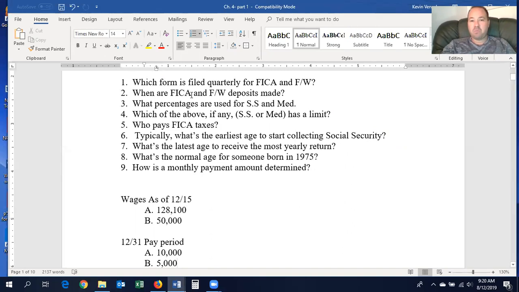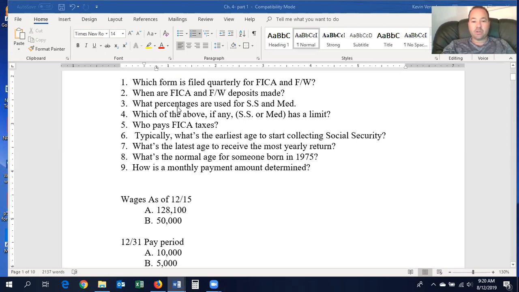The first one is monthly, and that's for a small to mid-size business that has collected less than $50,000 in its look-back period. The other one is bi-weekly, and those are the ones that are over $50,000. Those are the two most common, monthly and bi-weekly.